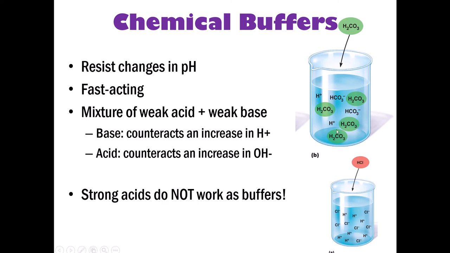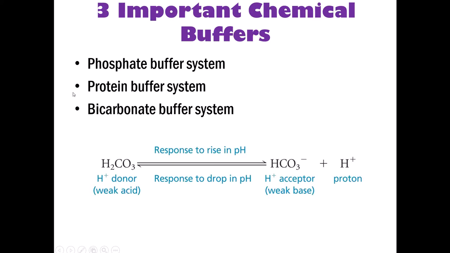The weak bases and weak acids work best because they don't completely dissociate. Strong acids, something like hydrochloric acid, which will completely dissociate into its constituent ions, don't work as buffers because they just contribute to the problem. So these mixtures of weak acids and weak bases, because they don't dissociate completely, are really the best chemical buffers. Now, you have 3 different chemical buffer systems in your body.